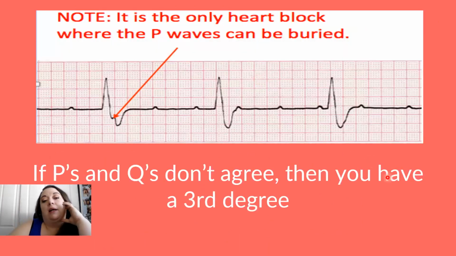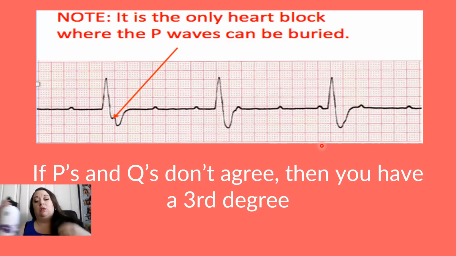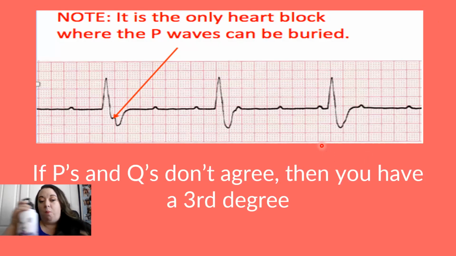Okay, third degree heart block is also called a complete heart block. So what do you think is happening at the AV node? Any guesses?